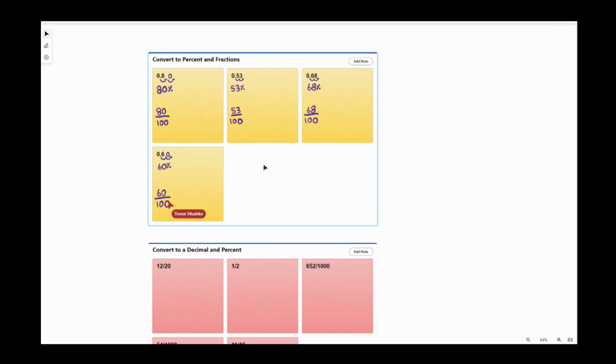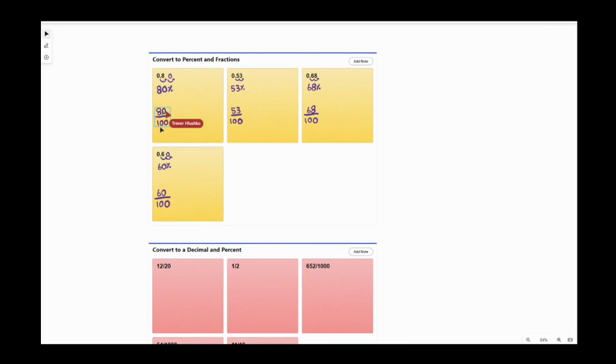Some of them can be reduced. And we want to reduce fractions when we can, because smaller numbers are easier to work with. Okay. So let's look at that. So I'll pick a color that will make it nice. And if we have a fraction, so I'm looking at the 80 over 100 now.